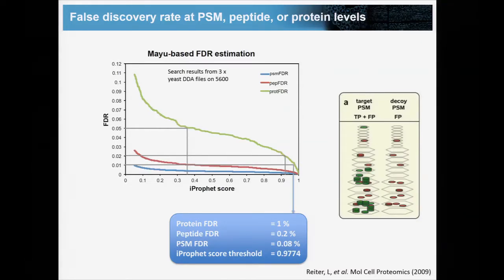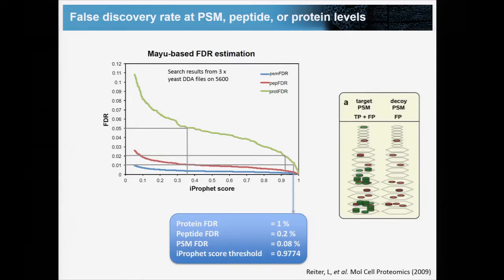I would suggest you take a look into the original Mayu paper. This was evaluated at this stage, especially for shotgun, and the conclusion was that by taking two peptides you certainly reduce the error rate, but it seems to be disproportional. You lose a lot of information as well.